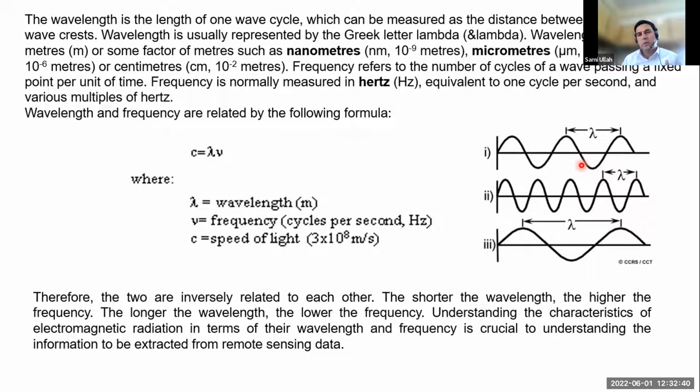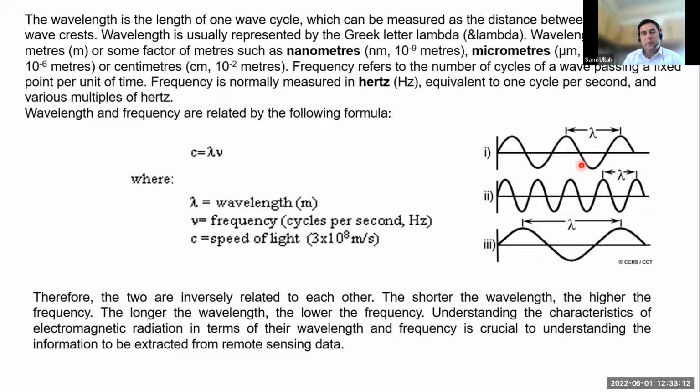So two things can be noted here. If it has a higher wavelength, it will have a lower frequency. But if it has a lower wavelength, it will have a high frequency. The other thing to note is that if the radiation has a higher wavelength, it will travel more, but if it has a smaller wavelength, it will travel less.